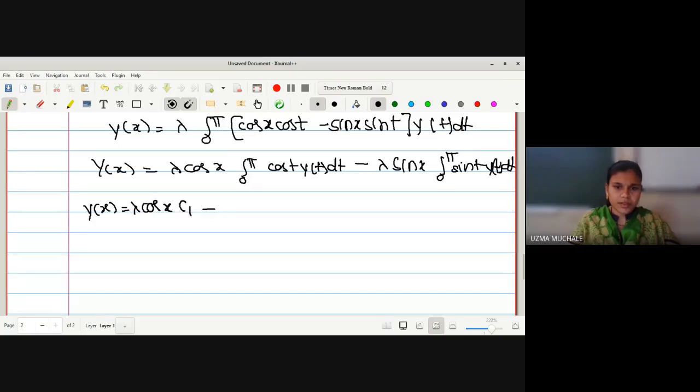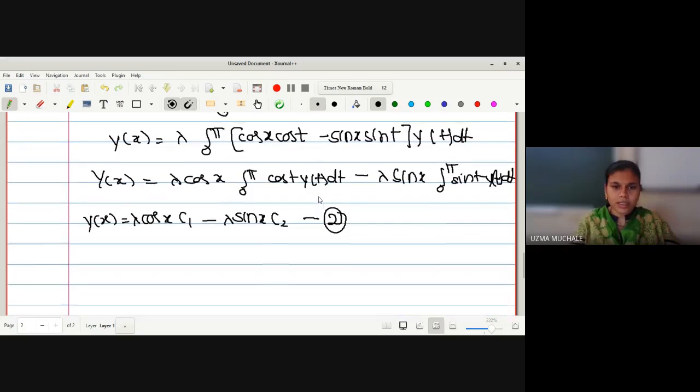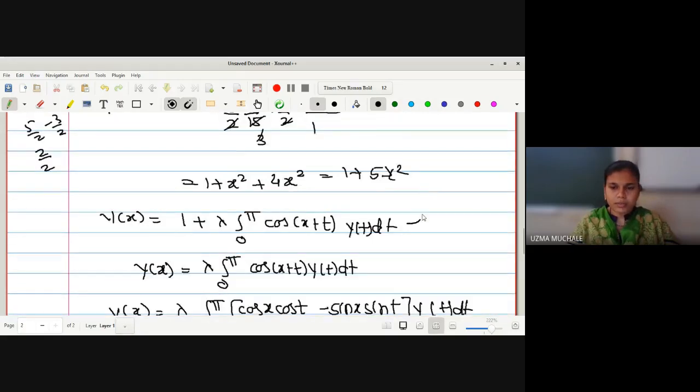This is what c1 minus lambda sin x c2. This is your equation 2, and the given equation we can say is our equation number 1. The next example, that is the third example, we are solving.